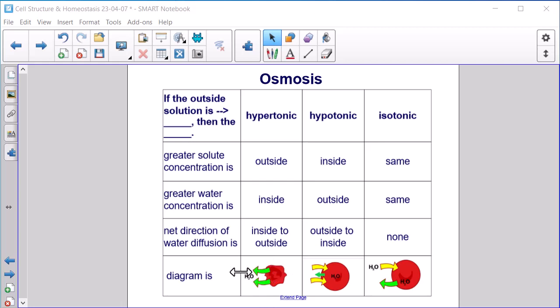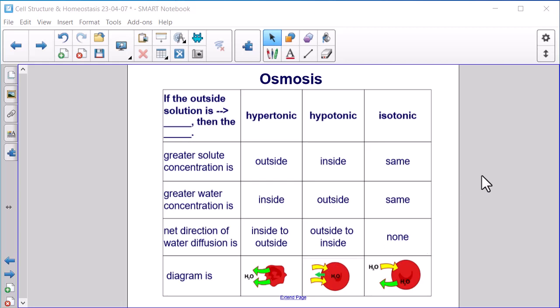If the solution outside of the cell is hypotonic, that means that the greater solute concentration is inside the cell and the greater water concentration is outside. So the water will flow from out to in. So we see the net flow of water into the cell.